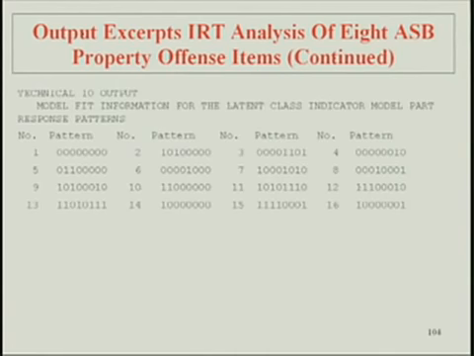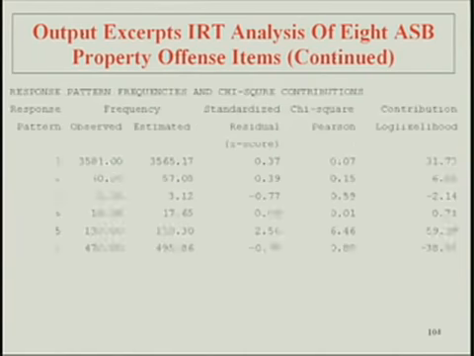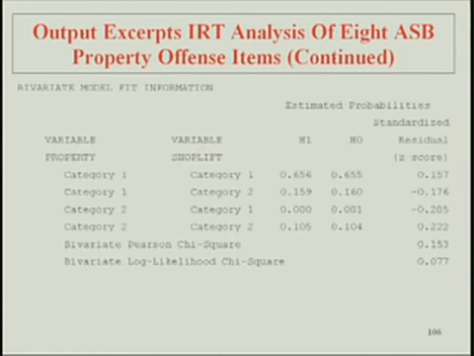Then what you might want to do, which we unpedagogically did not do here, and only realized since we've been here, is go on to the next slide where we look at bivariate misfit. We look at 2 variables, property and shoplift: category 1 on property with category 1 on shoplift, category 1 on property with category 2 on shoplift, and so on.